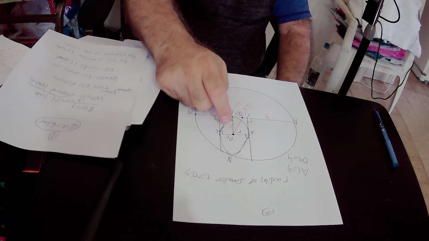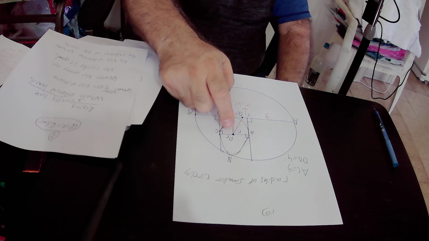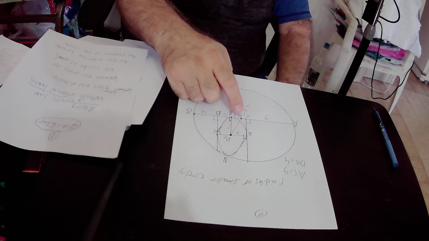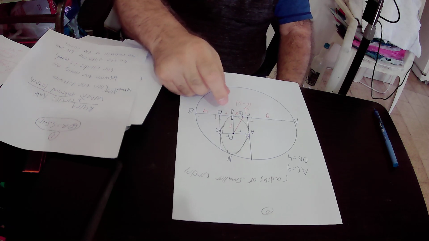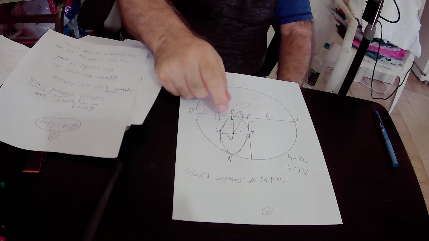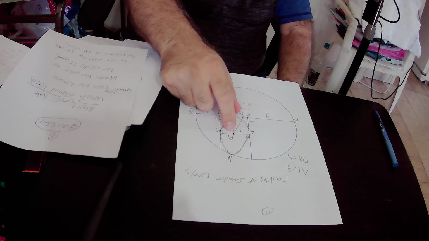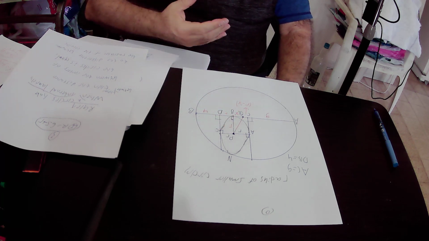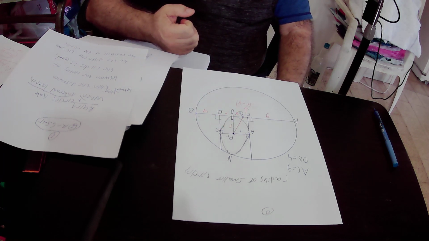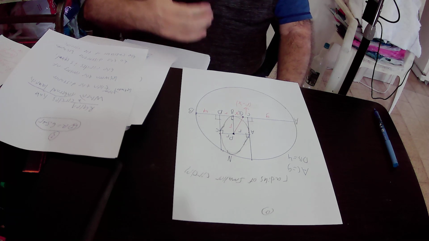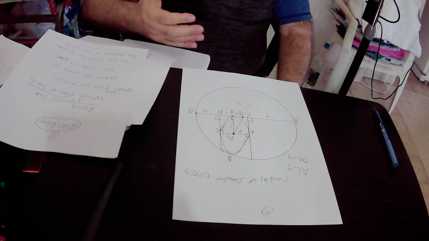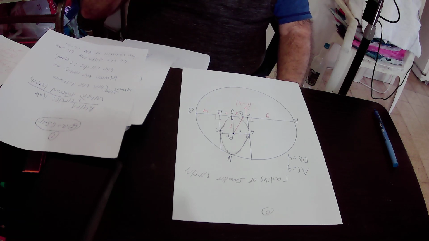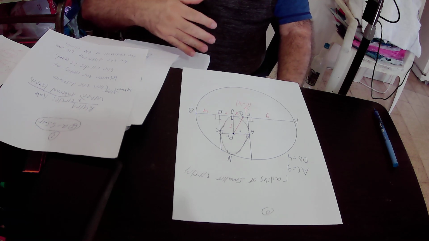The center of the small circle is at point P, and the center of the big circle is at point Q. So the distance between the centers of the two circles is actually PQ. According to rule number 1, PQ equals the difference between the radiuses of the two circles. That is to say, it equals capital R minus small r.